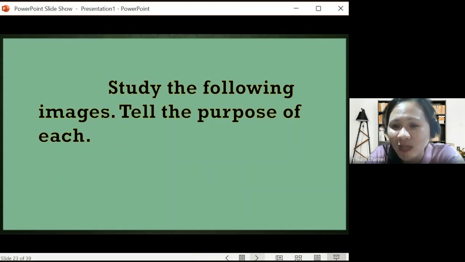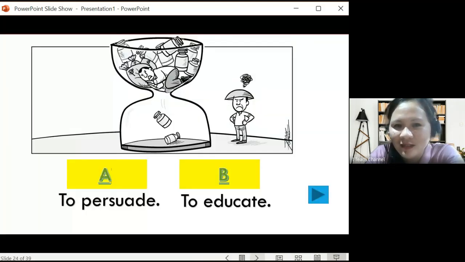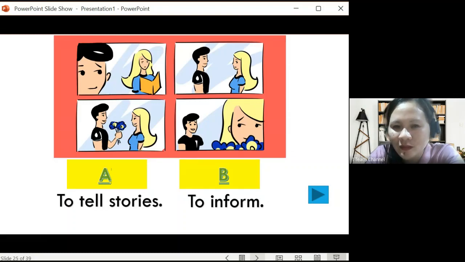Get your notebook, make it fast. Look at this. What's the purpose of this? You have to write your answer only, letter only. Is it to persuade or to educate? Number 2, is it to tell story, letter A, or to inform?